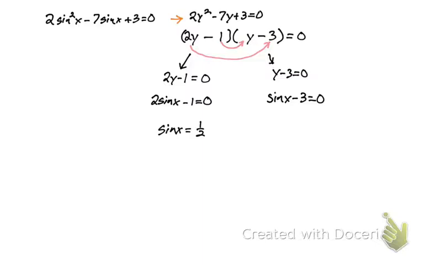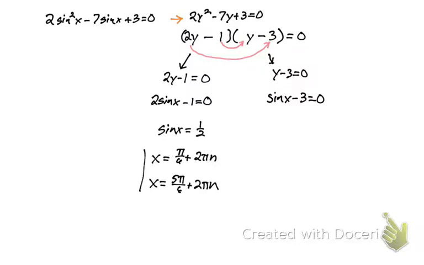Well, sine equals 1/2. Is this all solutions, or is this just some solutions? All solutions. So this one's going to be x equals pi over 6 plus 2 pi n, or k, or it's going to be x equals 5 pi over 6 plus 2 pi n.